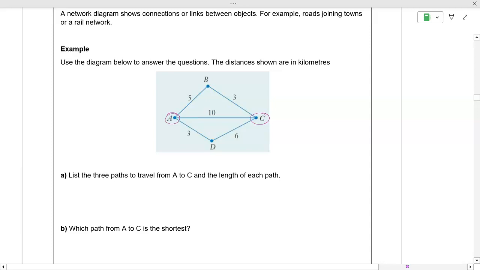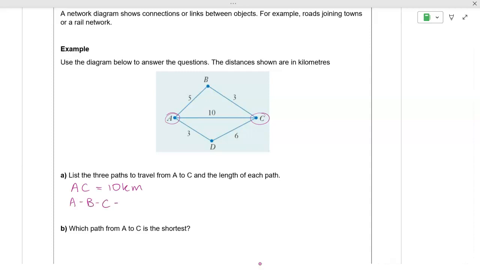So straight away we can say, well, we can go straight from A to C. So we'd say A to C, and that would be 10 kilometres. I could go from A to B to C, and I would just add up the amounts on those edges there. So I have 5 kilometres plus 3 kilometres, which would give me a total of 8 kilometres.